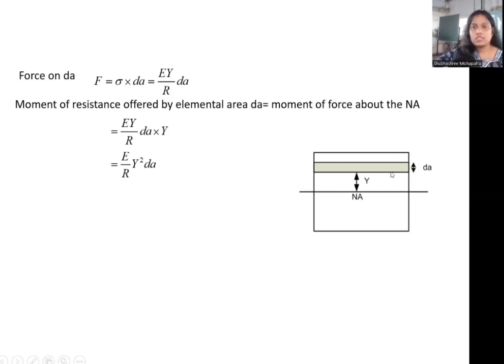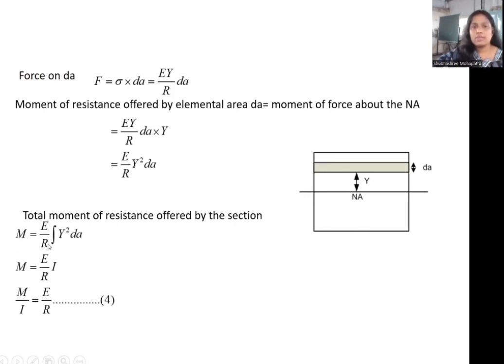This is for the small elemental area. The total moment of resistance offered by the whole section is E by R, which is a constant, so we take it out, then the integration of y square dA. The integration of y square dA is the moment of inertia. From this we get M by I is equal to E by R.